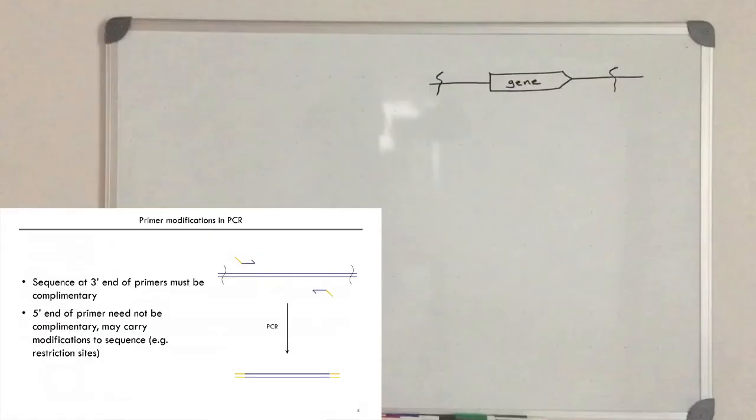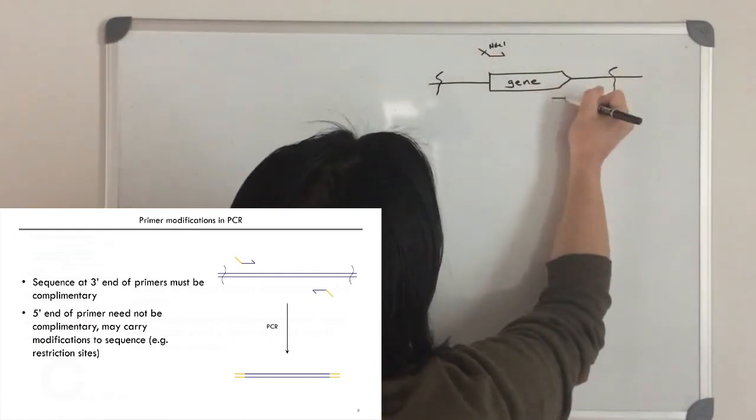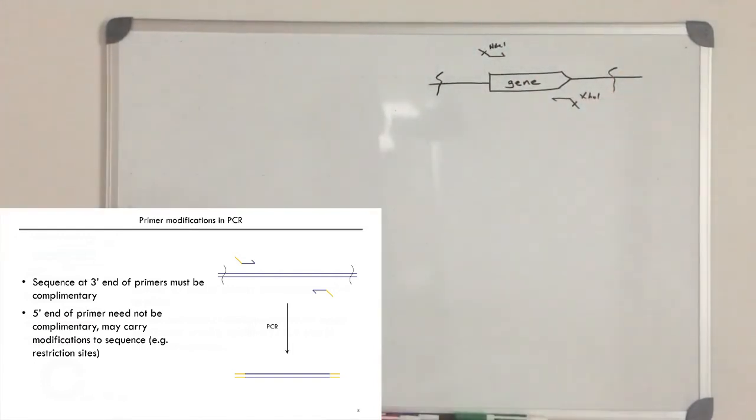If you wanted to clone some piece of DNA into a vector, let's say some gene you want to clone, if you were to rely on the native restriction sites, you would have to be very lucky to find the correct sites on the DNA that you want to clone that are also on the vector. Instead, what you could do is design primers that anneal to the beginning and the end of the gene at opposing strands.